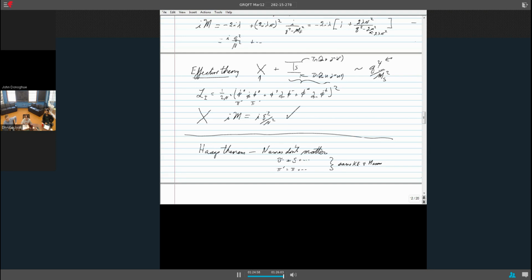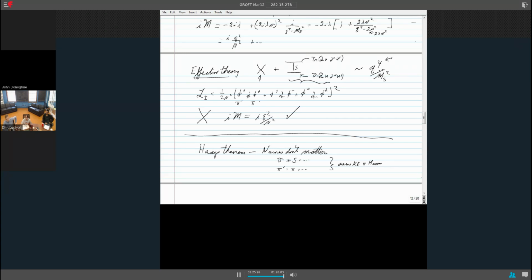So sigma tilde was S, pi prime was pi plus dot dot dot. So at first order they have to match, and that's just to keep the kinetic energies the same. So basically, if you have the same kinetic energies and masses, then names don't matter.